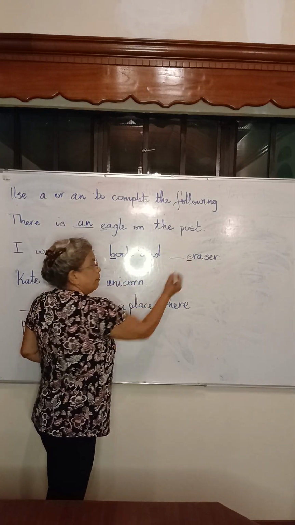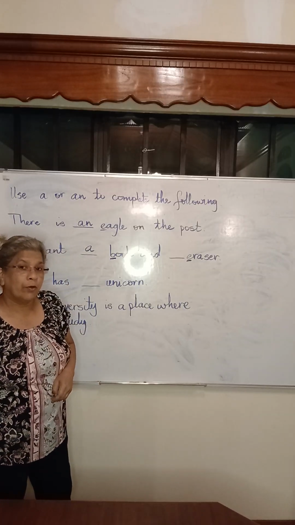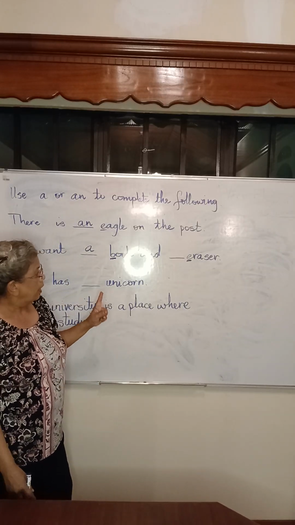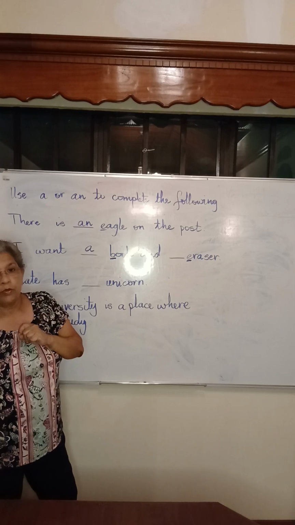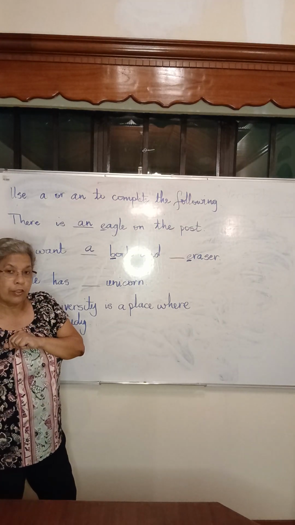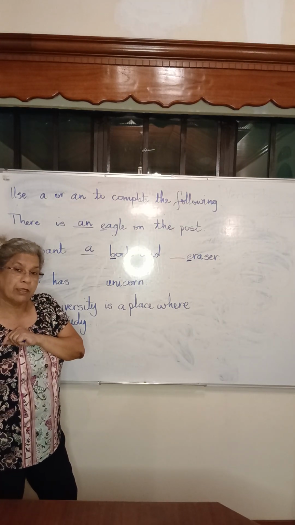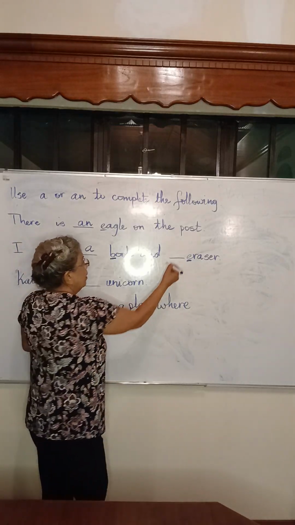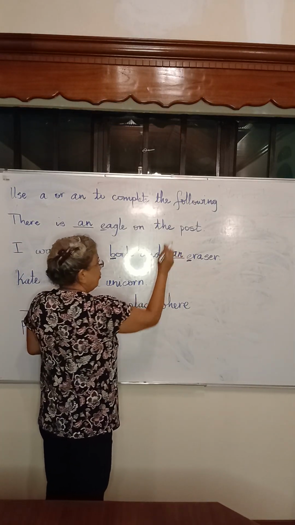Let's go back here. We have a vowel, which is the letter E. And the rule tells us that we are going to use an in front of that word because it begins with a vowel. Okay. So let's write an eraser.